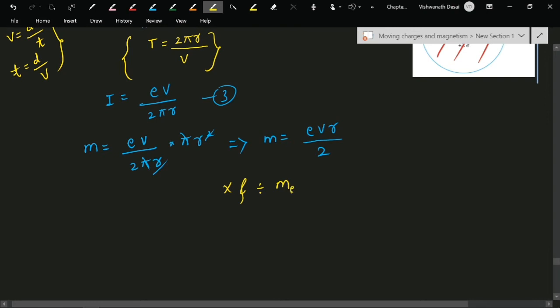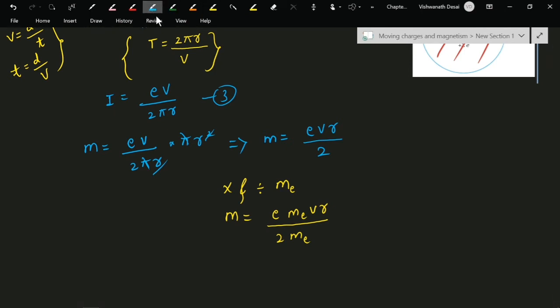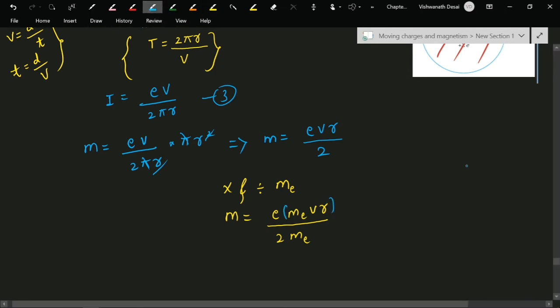I will write e me because already one m is here. So me is the mass of an electron. So it becomes m is equal to e as it is. I will write me multiplied and I am going to divide it by me. So what is this term? mvr. What is this term?